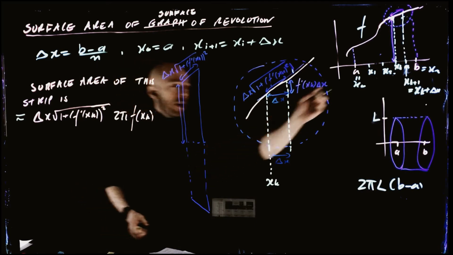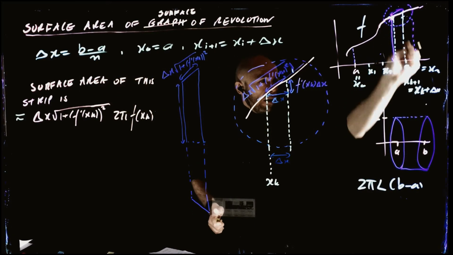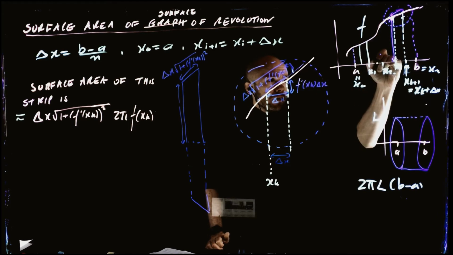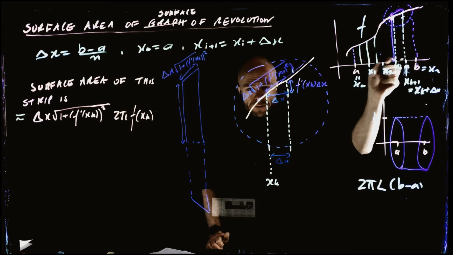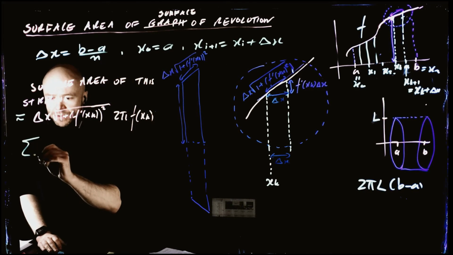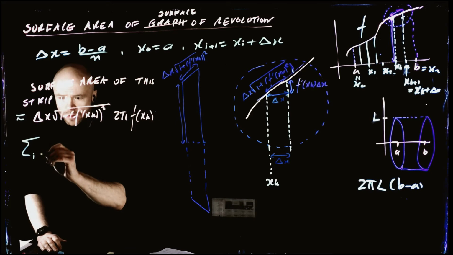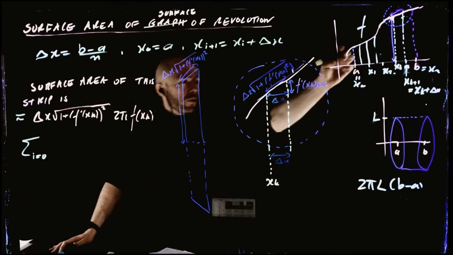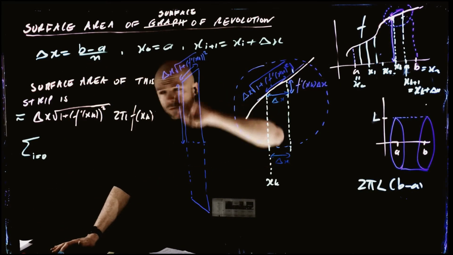And then we're going to cut this up into lots of different strips, n of them, right? We do the strip here, here, here, and so on, and then we just sum them all together. So if we sum up all the strips, there are n of them. We start with i equals 0. Let's take the left endpoint, so we took it from the left.